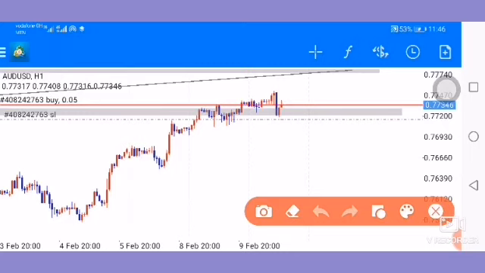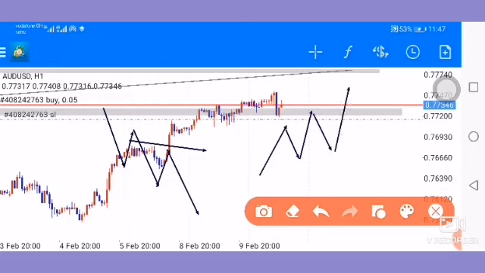I always want to see the price going up, that's higher highs and higher lows for an uptrend, and lower lows and lower highs for a downtrend. In a downtrend I will only be interested in looking for selling opportunities, and in an uptrend I always look for the higher highs and higher lows.